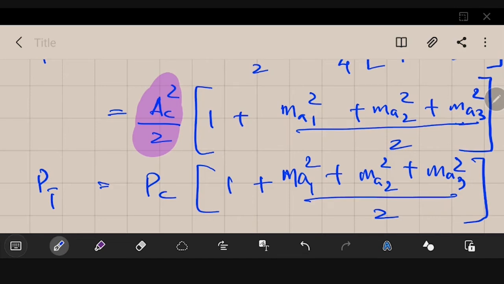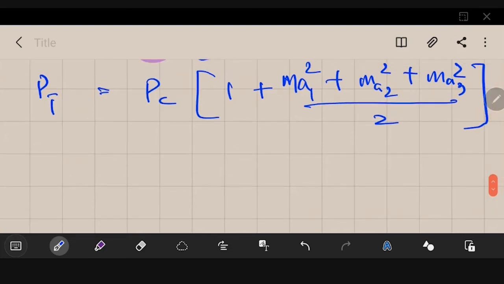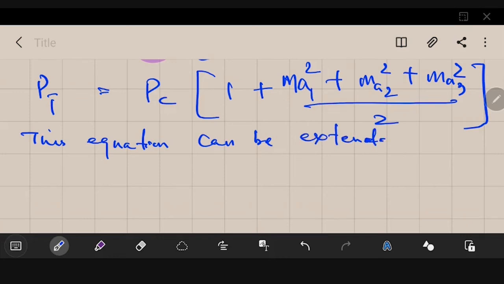However, what we could do is we could extend it for n modulating terms. In this case, we had taken 3 modulating terms. We could always expand it for n number of modulating terms. So let us do that. So this equation can be extended up to your small n number of modulating terms.